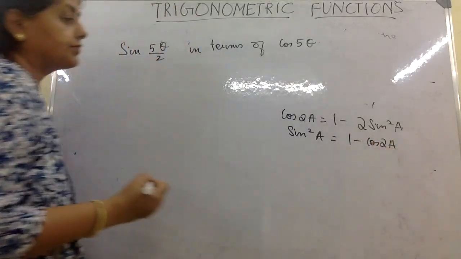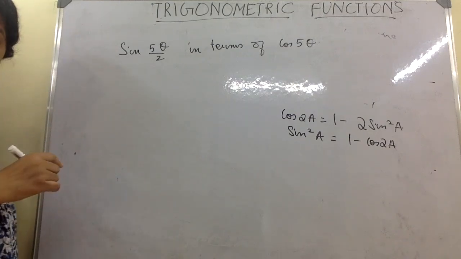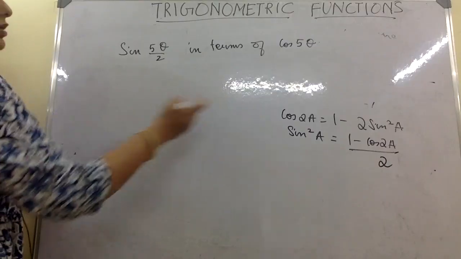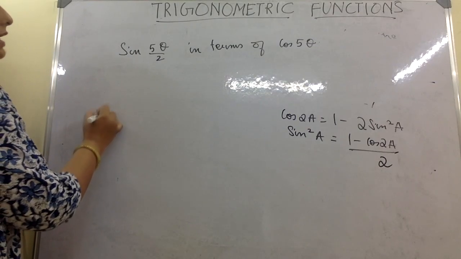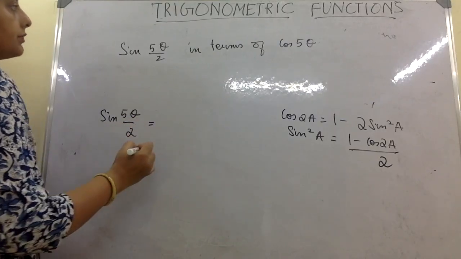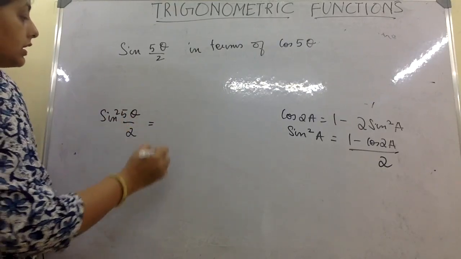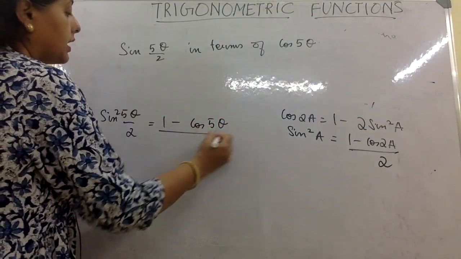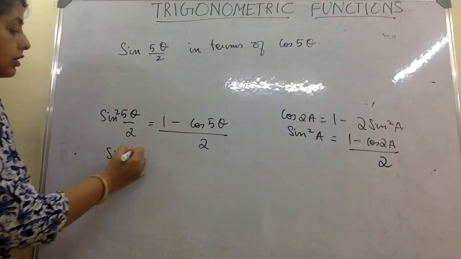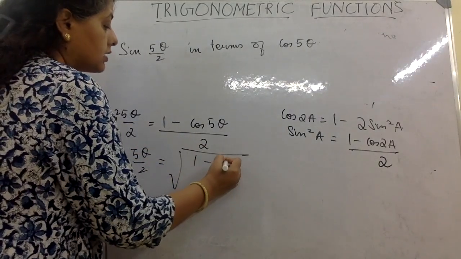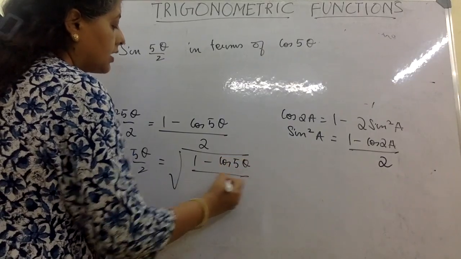So now that will be used here. Sine square 5 theta by 2 is equal to 1 minus cos 5 theta by 2. But that is not what they want. They want sine 5 theta by 2, which is plus or minus the square root of 1 minus cos 5 theta by 2.